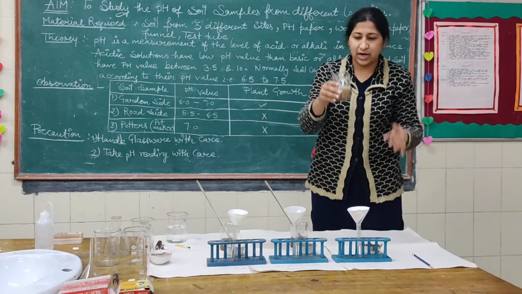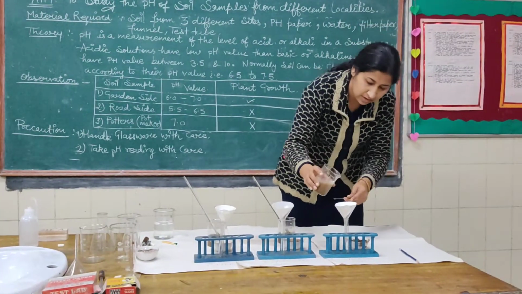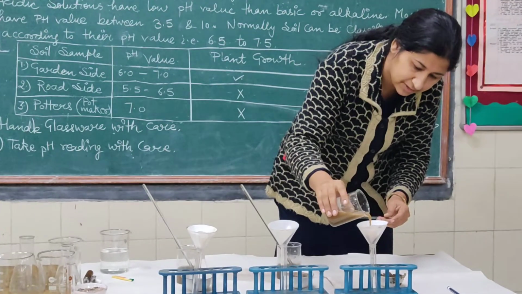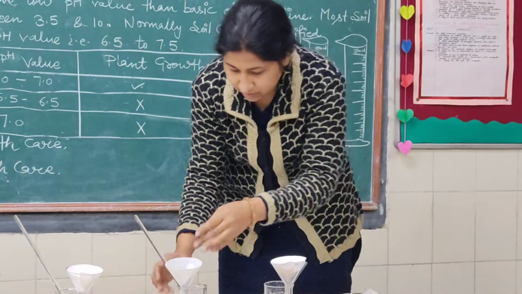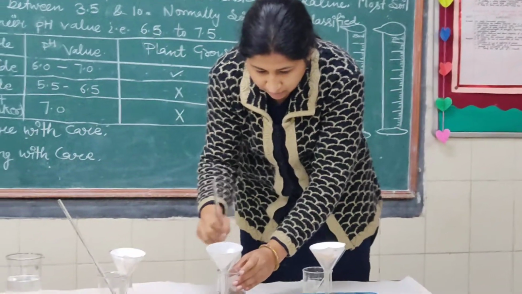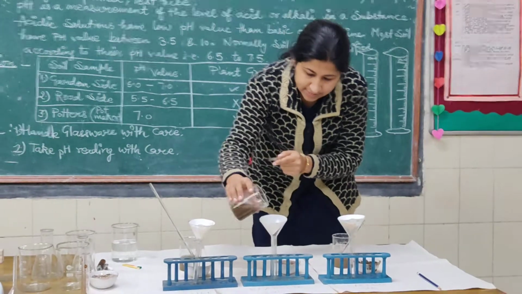Again I am coming to the garden side soil, mixing it again, and this is our filtration setup. I am going to filter this. So filtration is going on. This is our second sample.